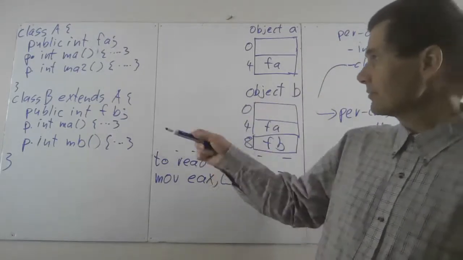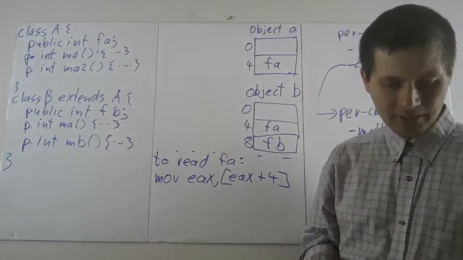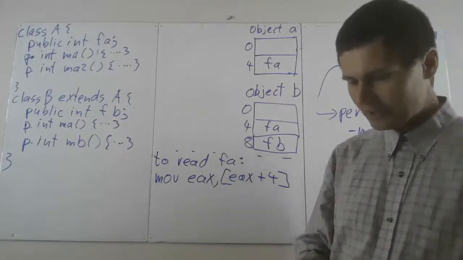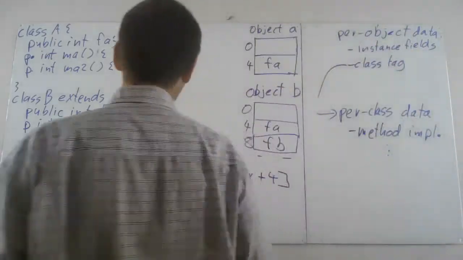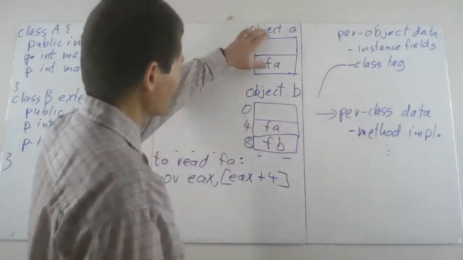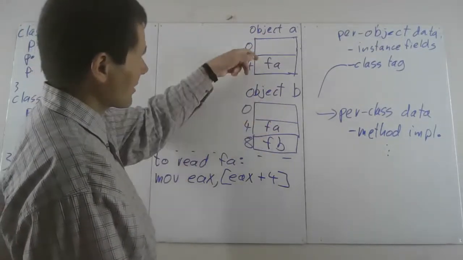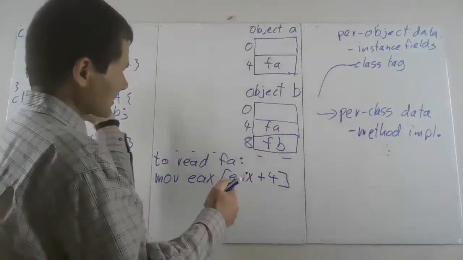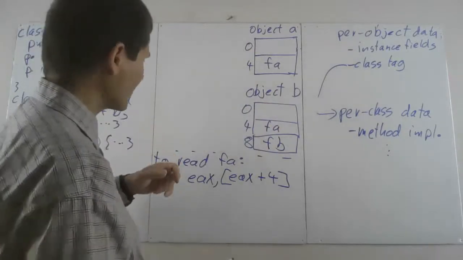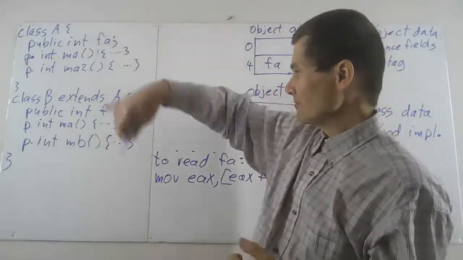I want to be able to find either this implementation of method MA or that implementation of method MA, and at compile time, I want to generate just one piece of code to find that method. This motivates the per-class data. Objects of class A and class B need to know whether they are of class A or class B, because depending on which class they are, I'm going to need to run a different version of method MA.